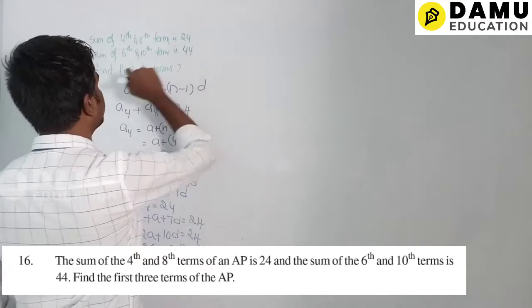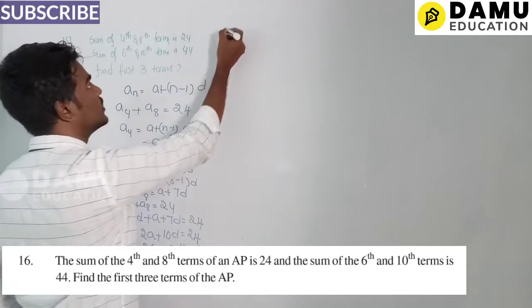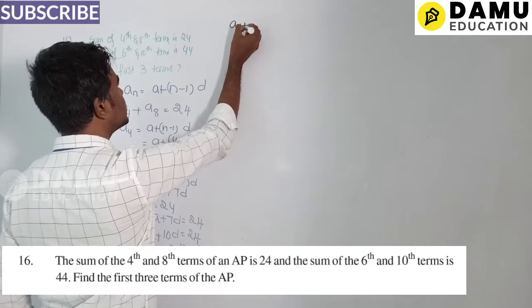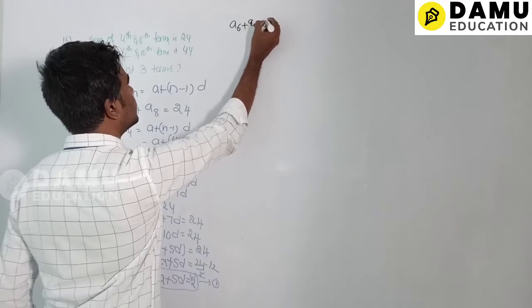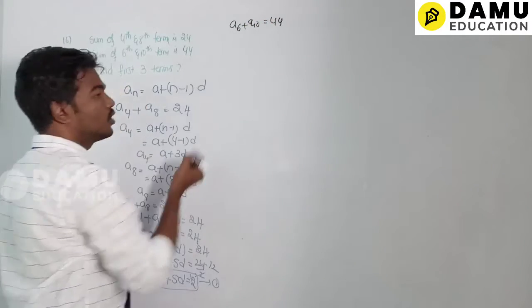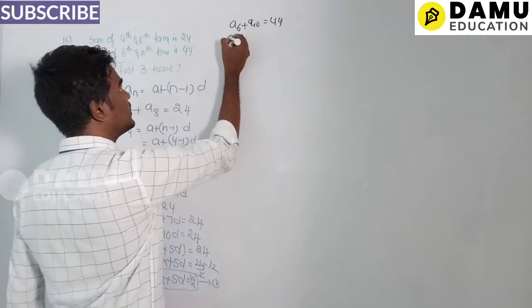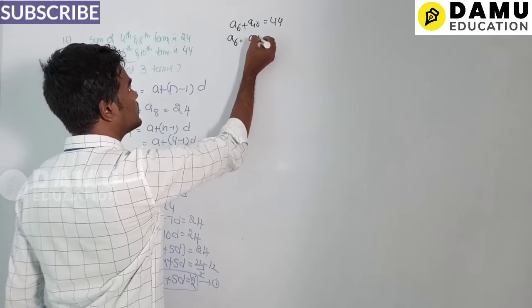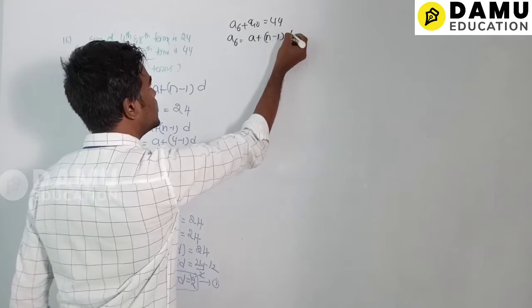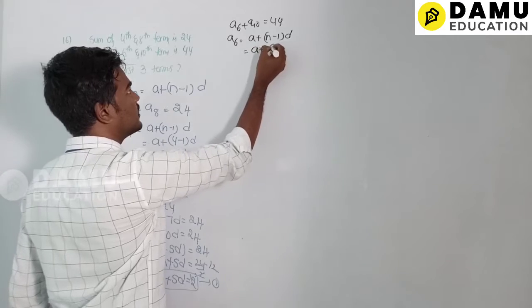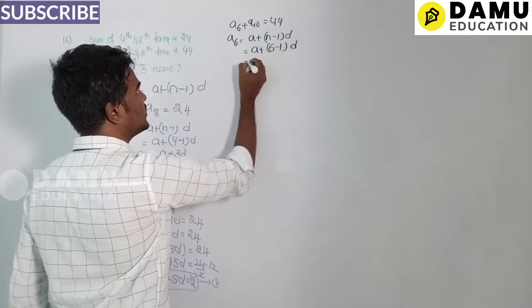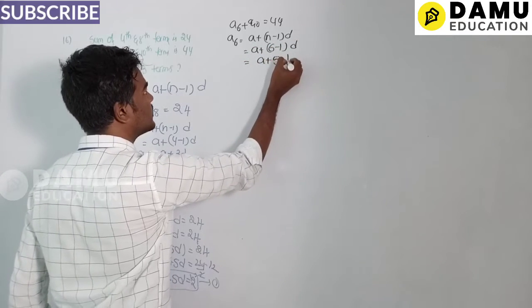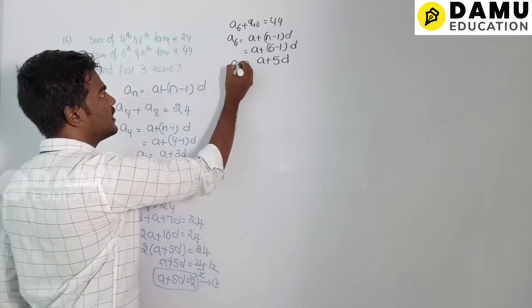Then what is the sum of the 6th and 10th terms? The 6th term A6 plus the 10th term A10 will be equal to 44. So what is the 6th term? A6 will be equal to A plus (n minus 1) into D. Here A plus (6 minus 1) into D, that is A plus 5D. That is A6.